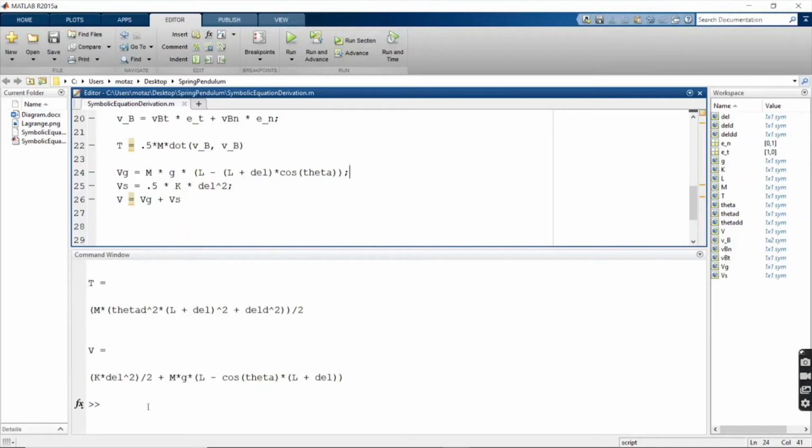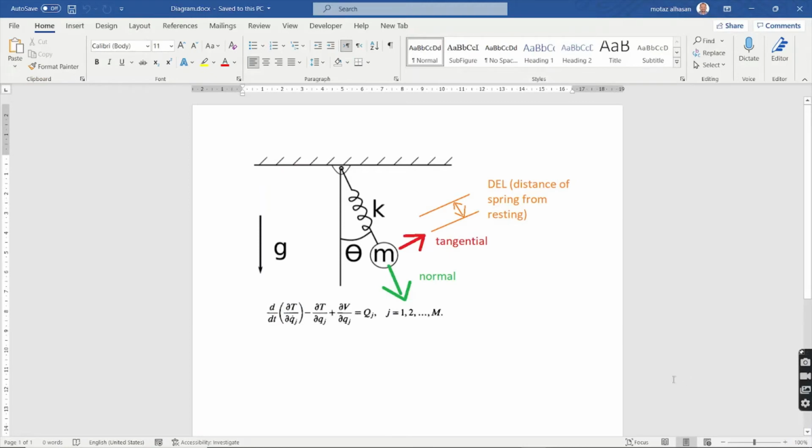Okay, there's the kinetic and potential energy in terms of mass, theta dot, theta and del dot. So now we have the energy equations related to our variables. So we are ready to plug all of that into Lagrange's equation of motion. Back to our figure and our equation.